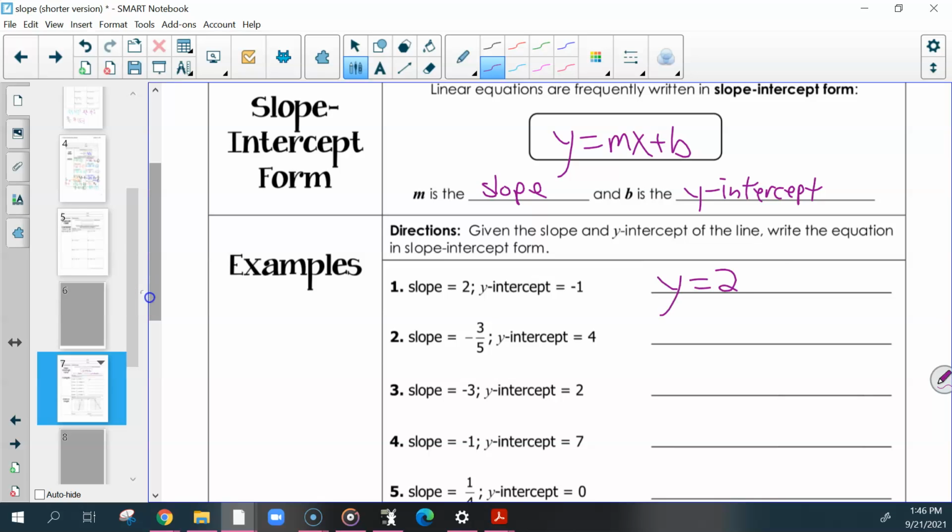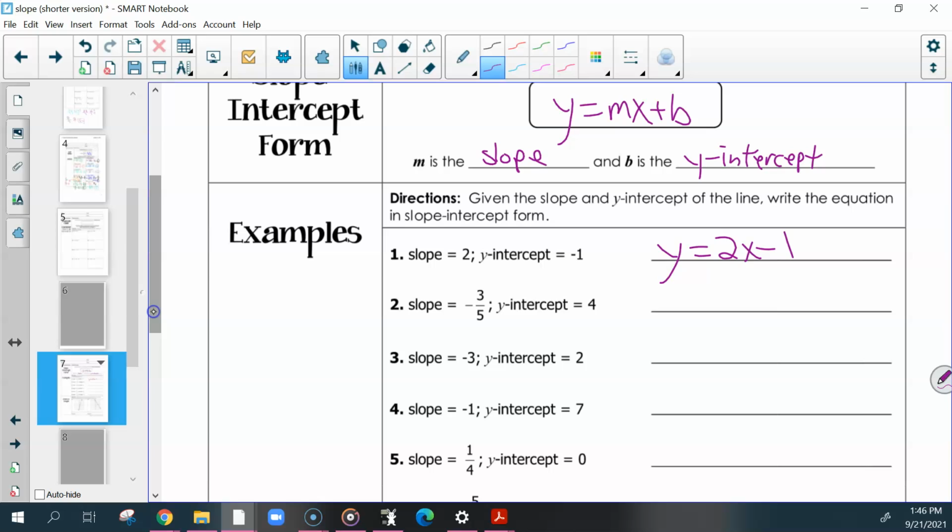Right. We're just putting the slope and y-intercept together in that format. What about number 2? How would I write that? X plus 4, yes.